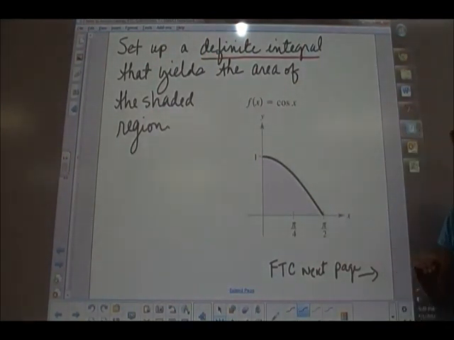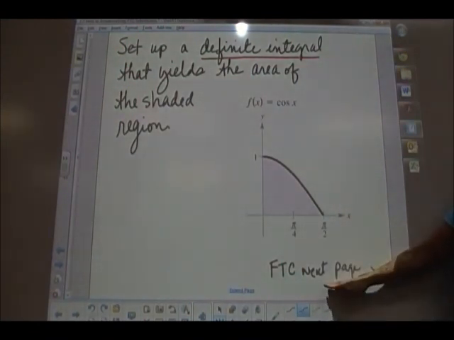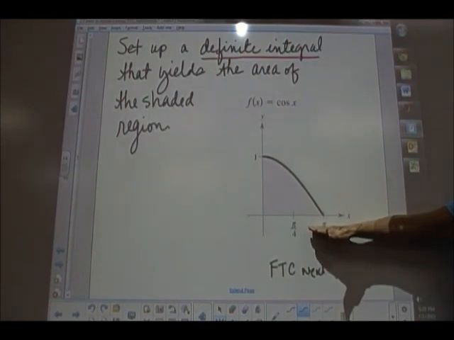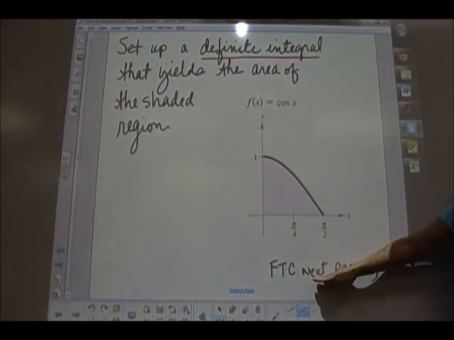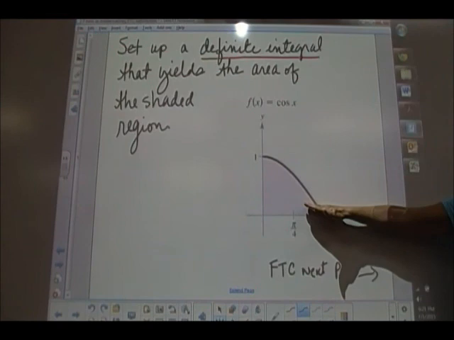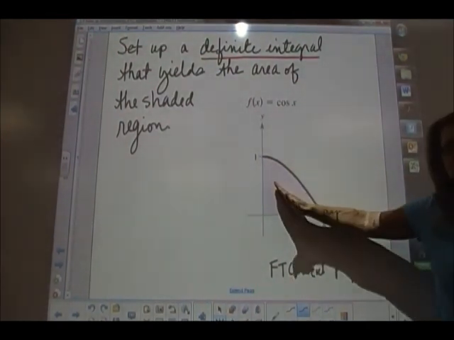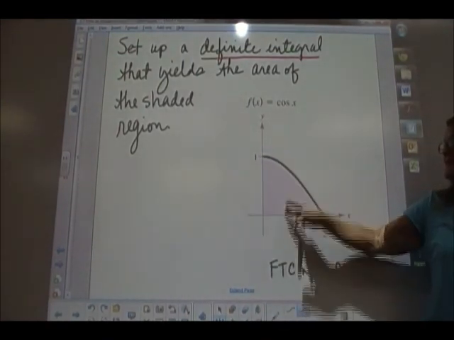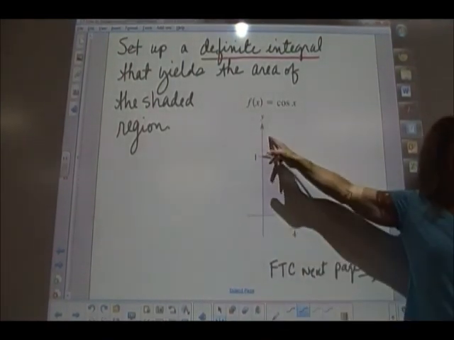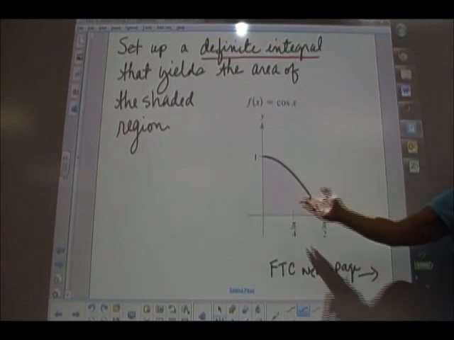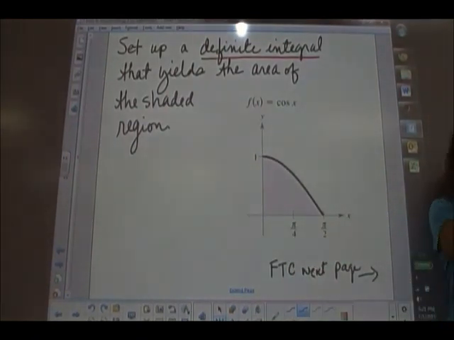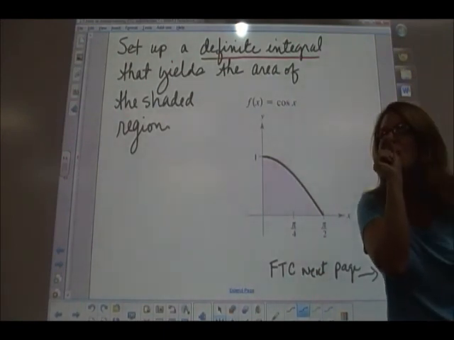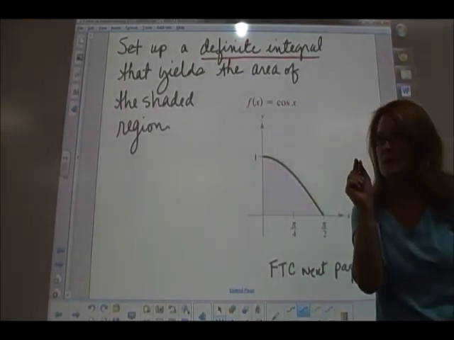Now before I do it, I need to talk about a very important theorem. And I'm going to come back to this page. A very important theorem that allows us to find the actual area under the curve, as if we had split this area up into a trillion rectangles with little bitty widths that are so small that you can't even see them.